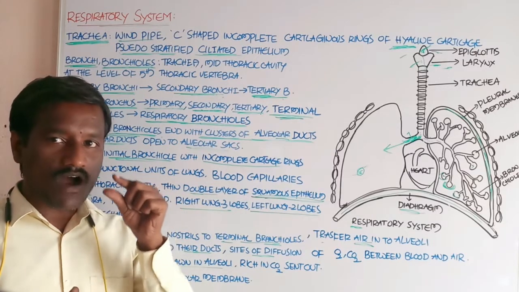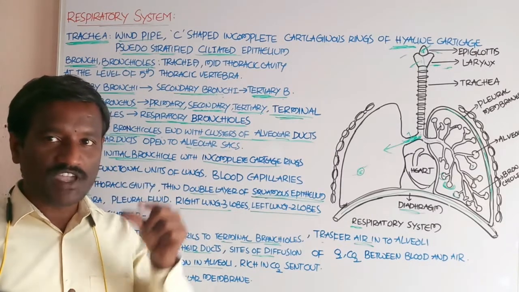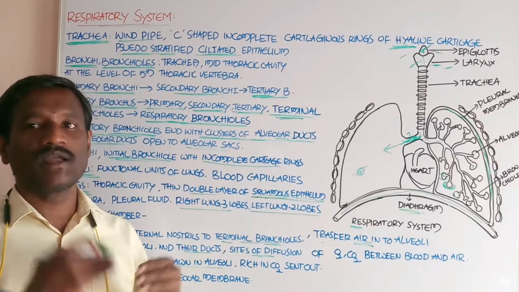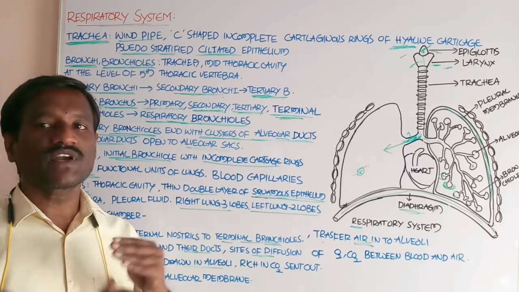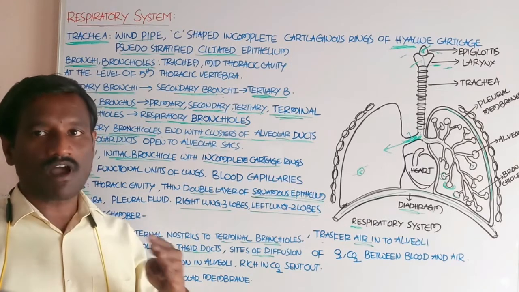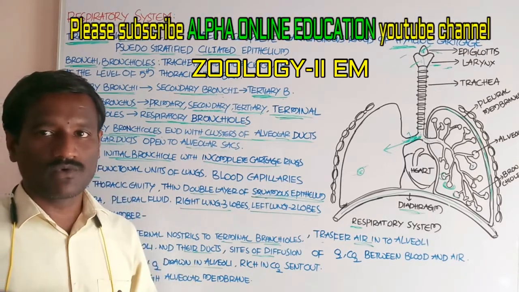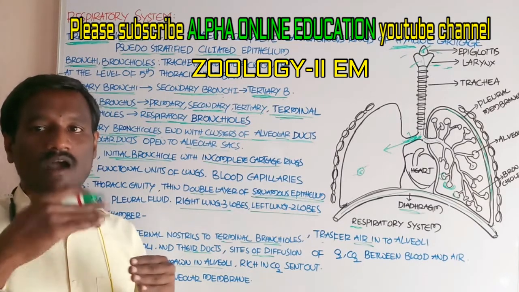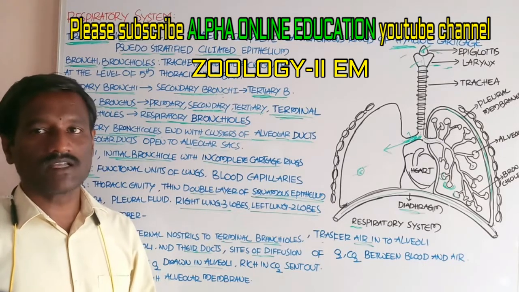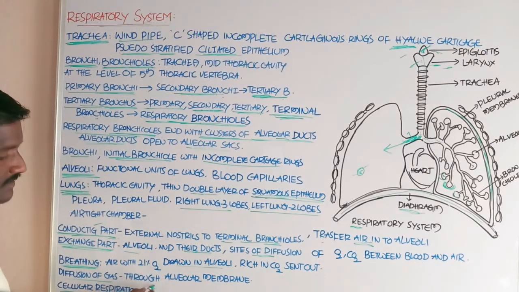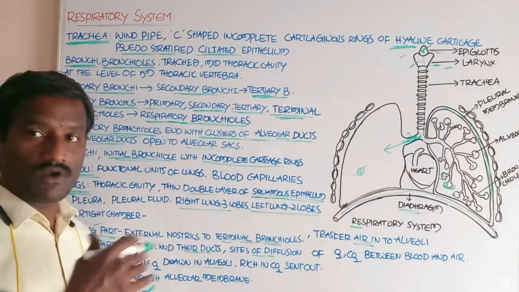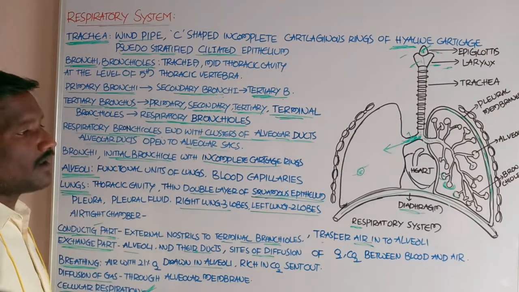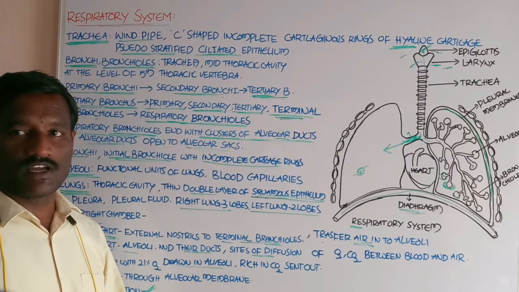The oxygen helps in the chemical breakdown of the food particles. After the catabolic reaction, after the oxidation of the food particles, it produces ATP, carbon dioxide, and water. That is called cellular respiration. Okay, students, this is about the different parts of the respiratory system.